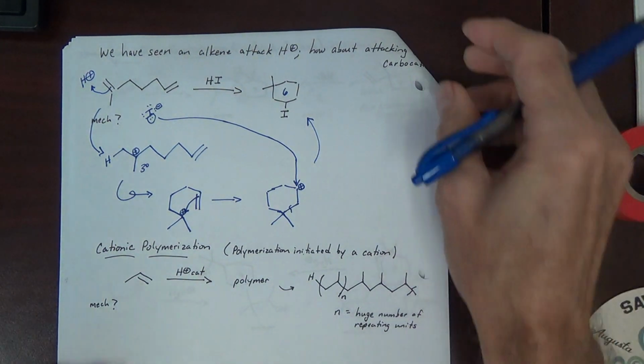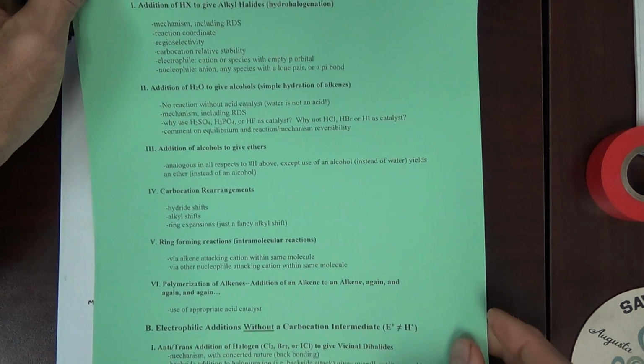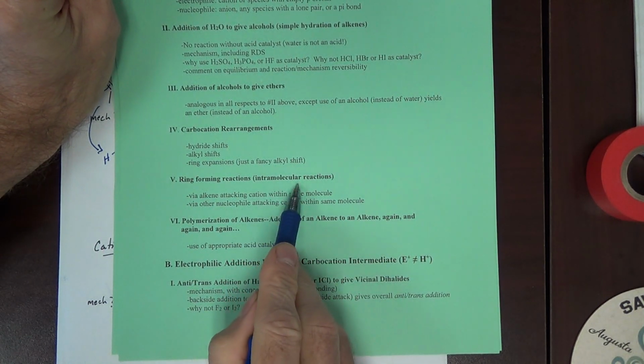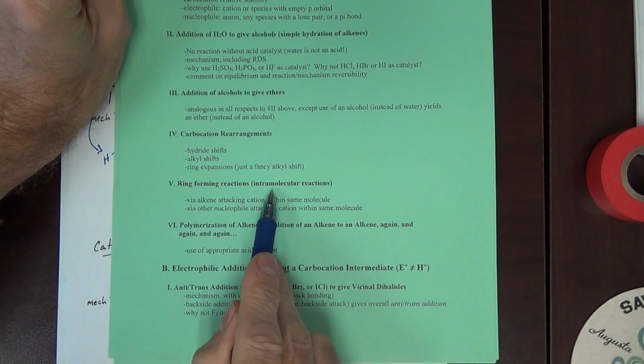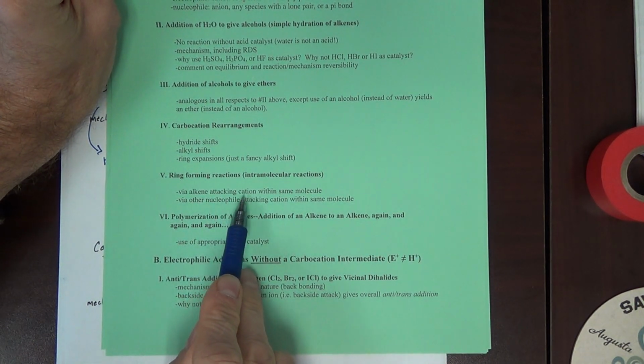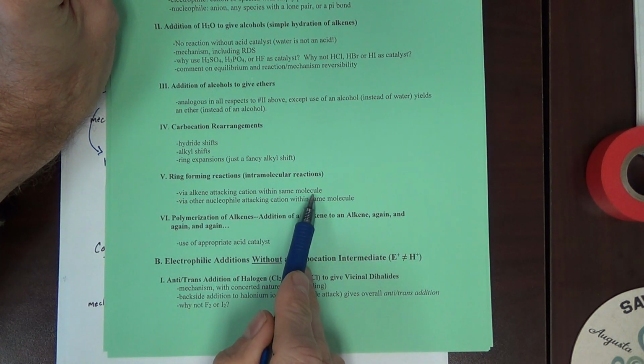And so this is an example, again, of an intramolecular ring-forming reaction via an alkene attacking a cation within the same molecule.